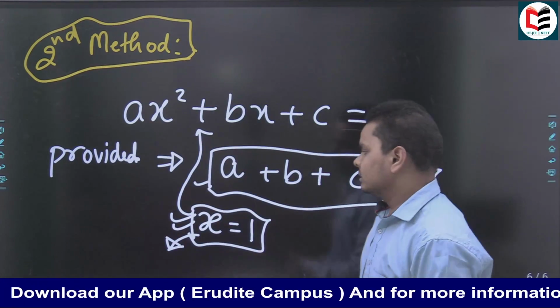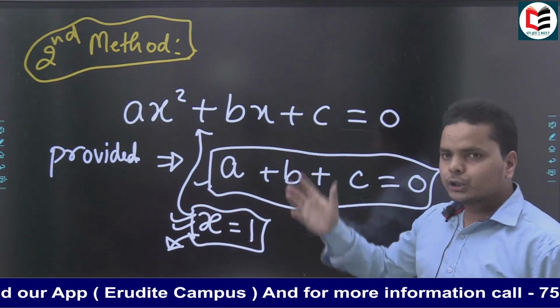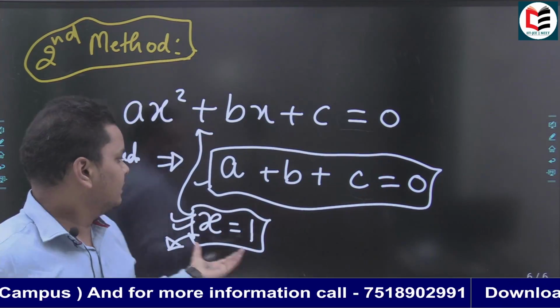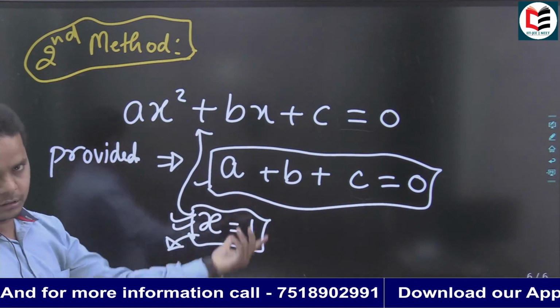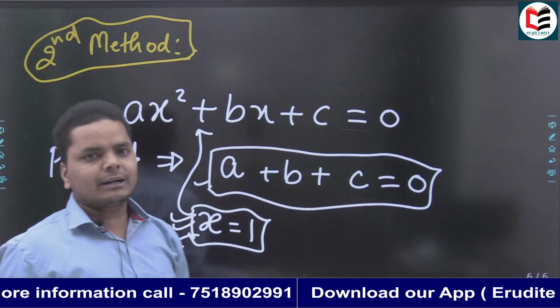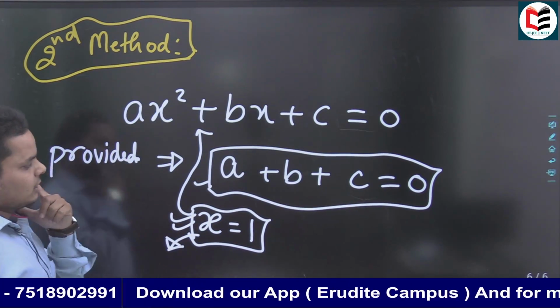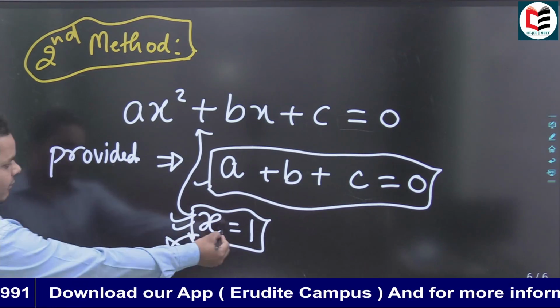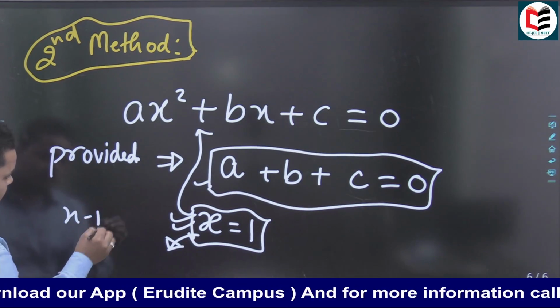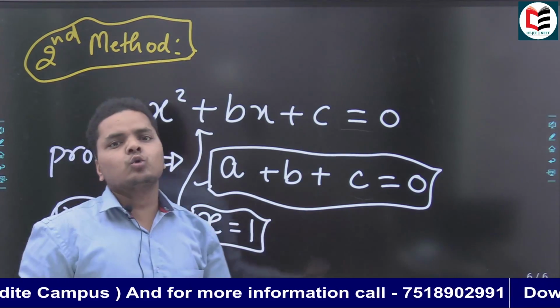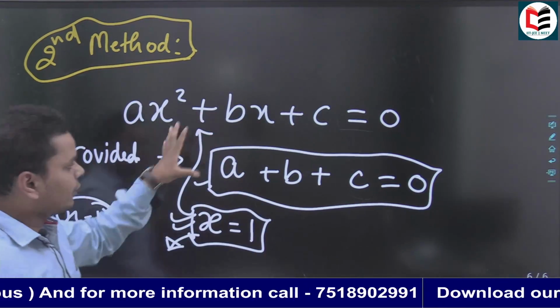If you know that x equal to 1 is one root, then you can find the other root of that quadratic equation by the factor theorem also, by the division algorithm, by dividing by x minus 1. This quadratic equation, you can find the other solution.